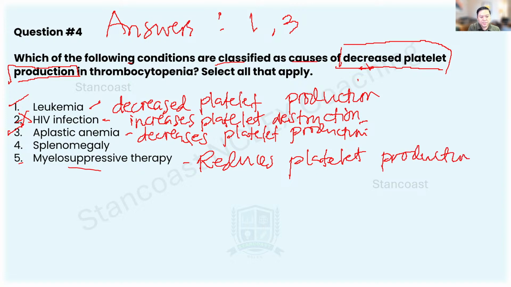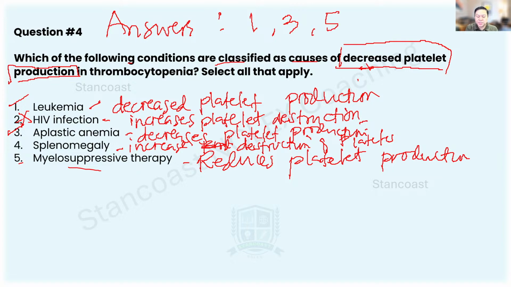The splenomegaly can increase the destruction. So this is wrong. Increase destruction, rather, of platelets. So we have our answers 1, 3, and 5.